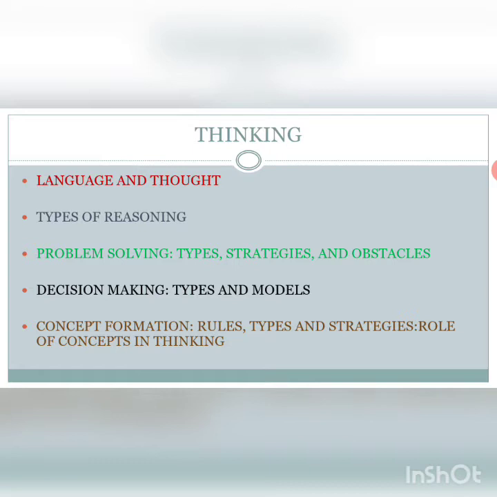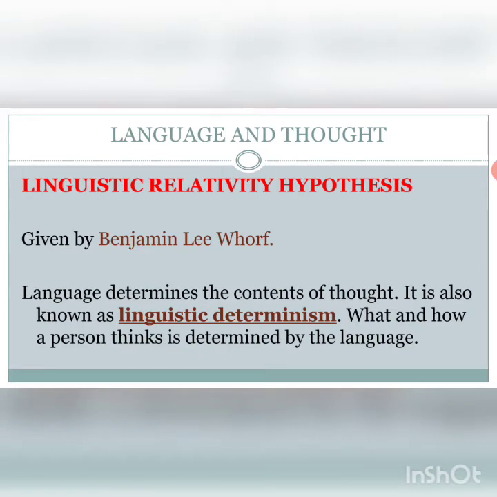So let's start with a quick overview of Unit 6, language and thought. Here we have a hypothesis known as the linguistic relativity hypothesis. It was given by Benjamin Lee Whorf. And what does this state? It states that language determines the contents of thought. It is also known as linguistic determinism. What and how a person thinks is determined by the language.